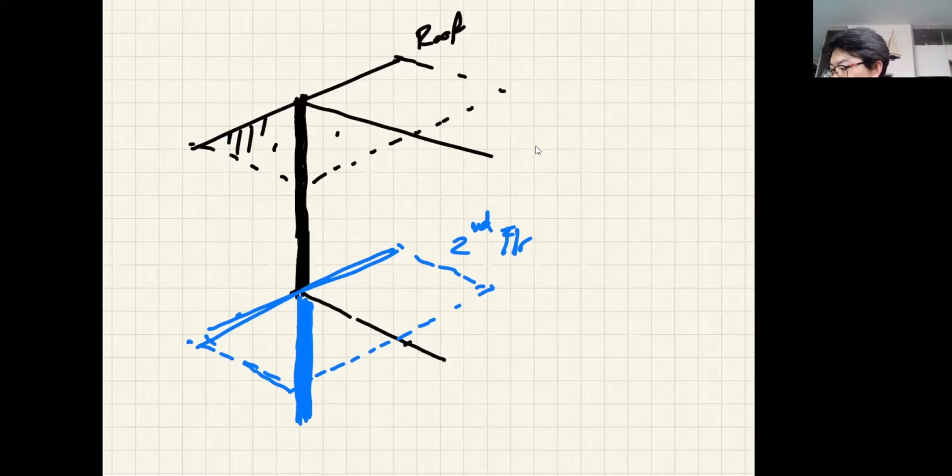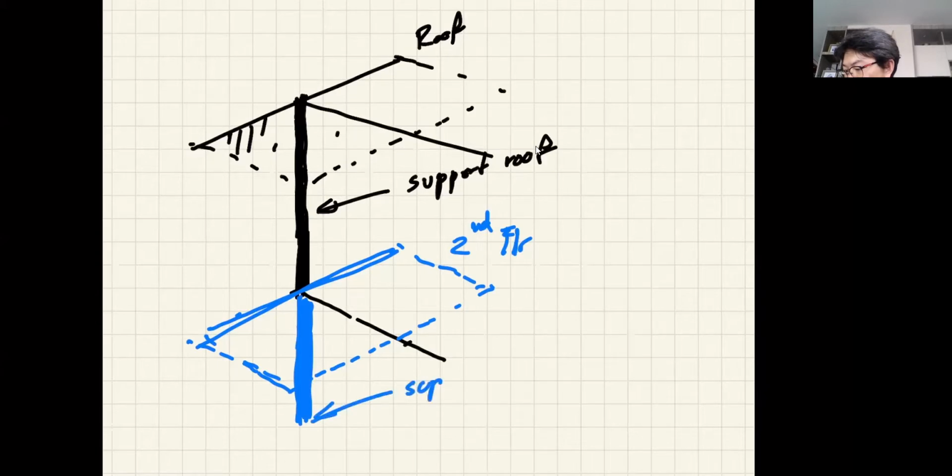And okay, this column will support the roof. Okay. And when you come down underneath the second floor, this one will have to support the roof and the second floor.